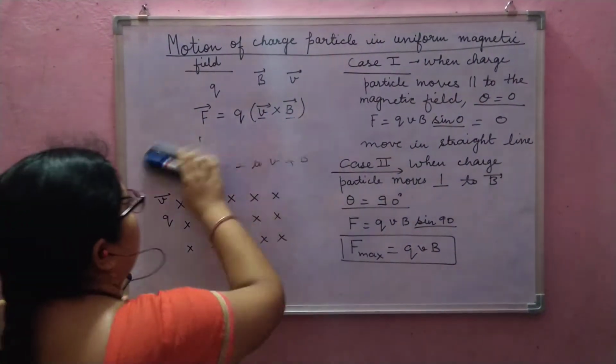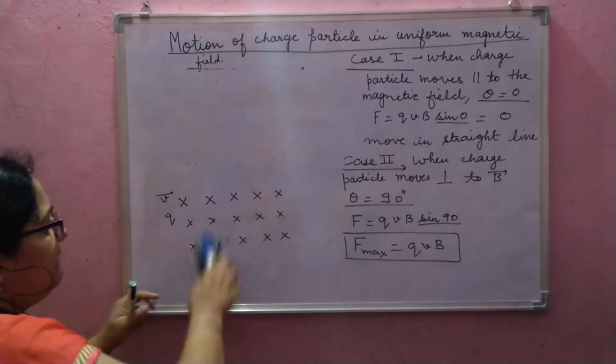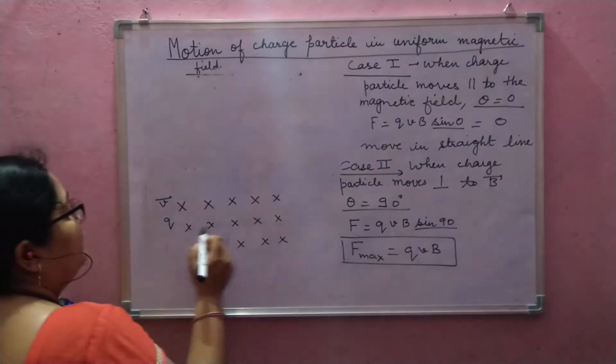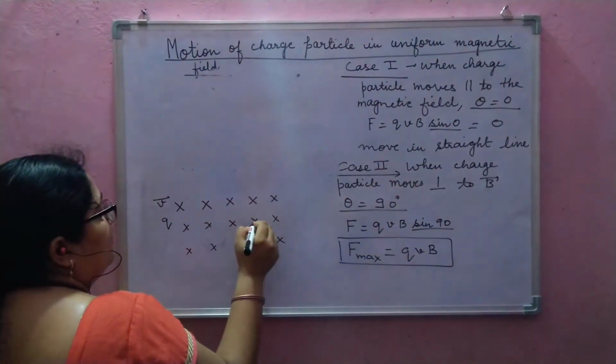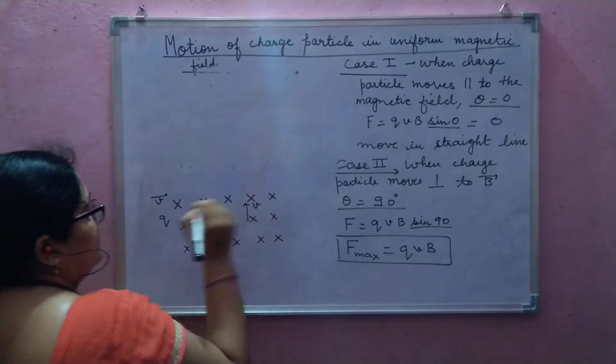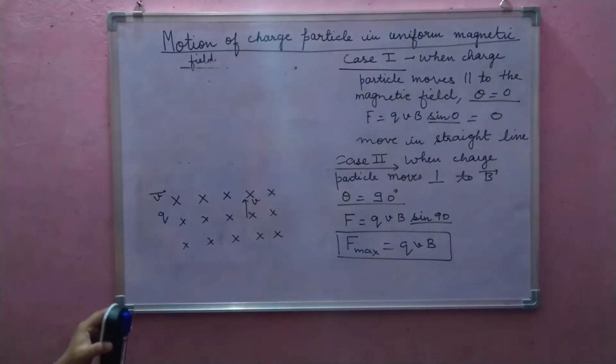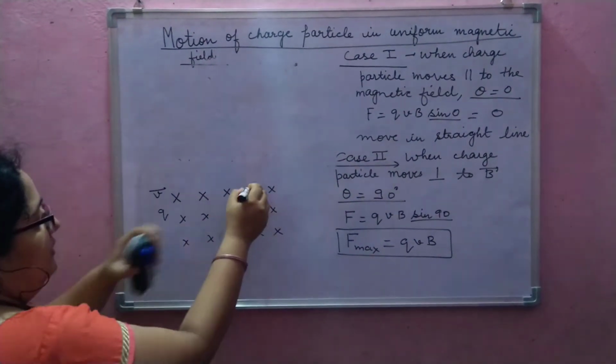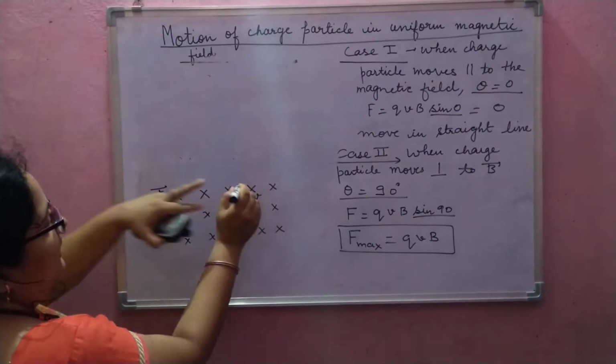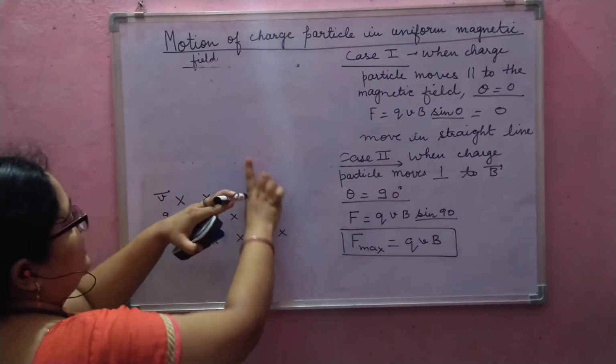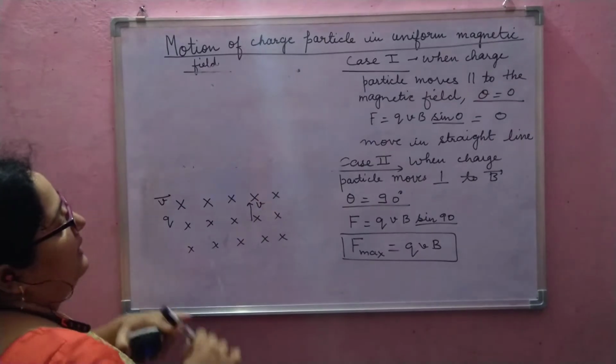Now suppose this is the magnetic field in which a charged particle moves perpendicular to the magnetic field. The magnetic field is like this, perpendicularly inward. The charged particle is moving with velocity this, so they both are perpendicular.